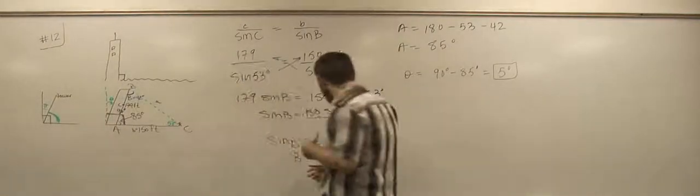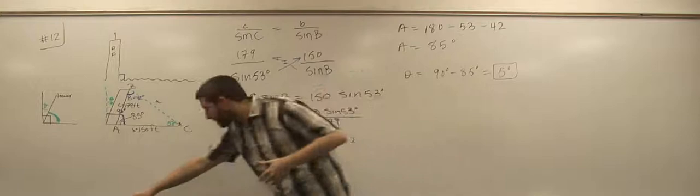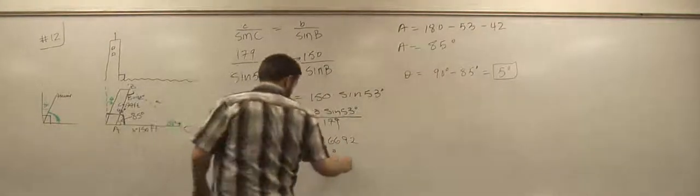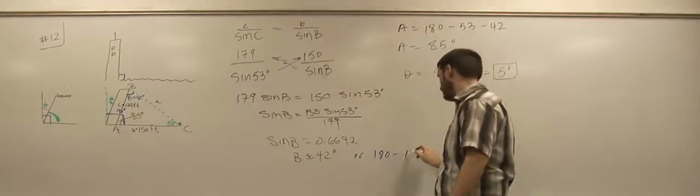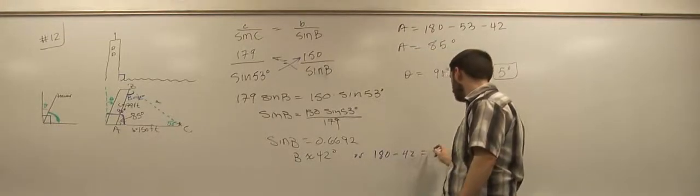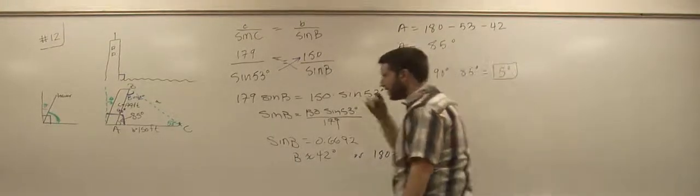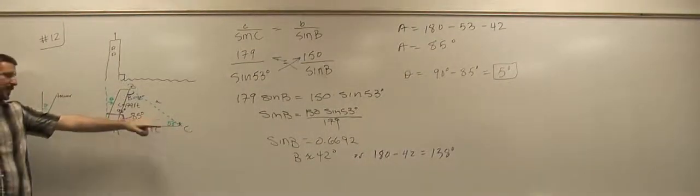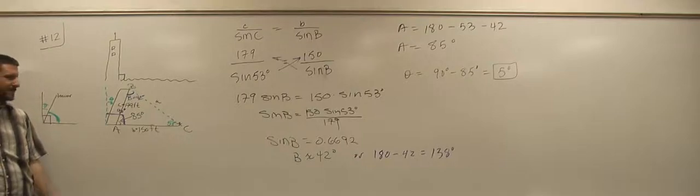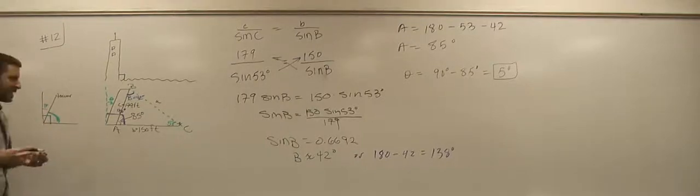First of all, 180 minus 42 equals 138. You can't even have a triangle that has a 53 degree angle and a 138 degree angle, so that doesn't make any sense.